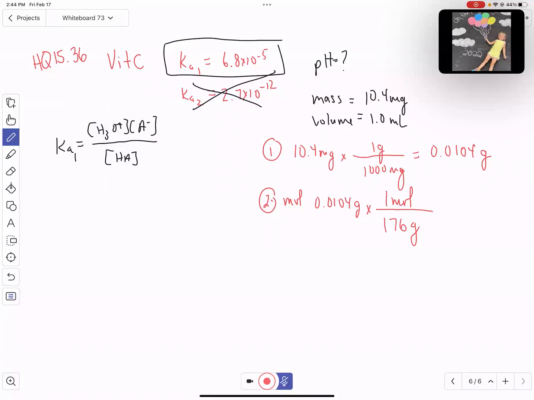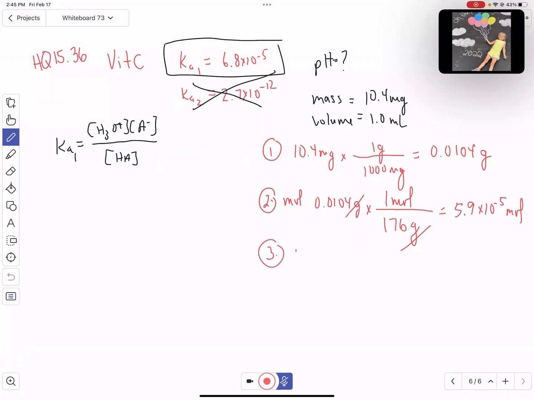So grams cancel out, and we're left with moles of vitamin C. Divide that by 176, and I get 5.9 times 10 to the minus 5 moles of vitamin C.